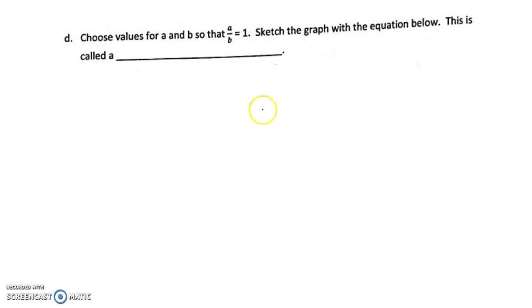For your next one, you're choosing values for a and b such that a over b is 1. So basically they need to be the same. So I did 3 over 3. So really I'm doing r equals 3 plus 3 cosine theta. So again, it's going to be going sideways.